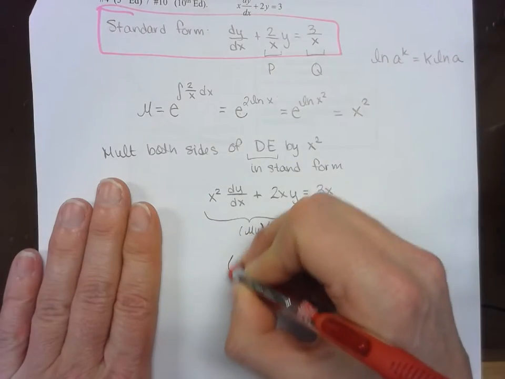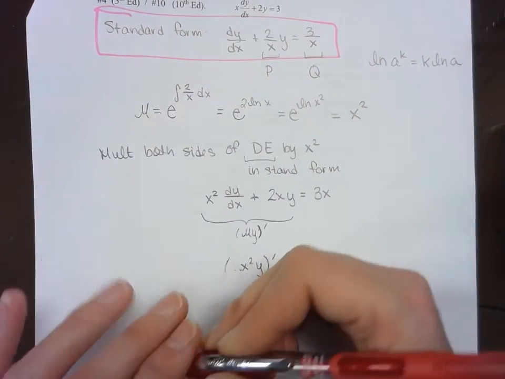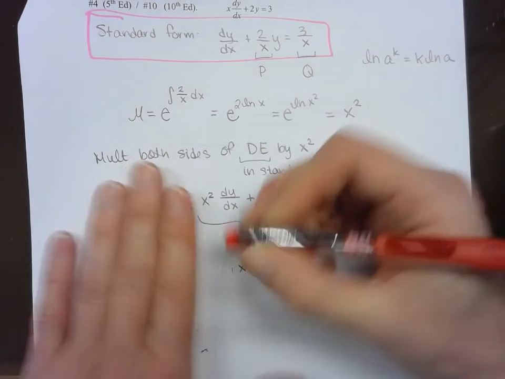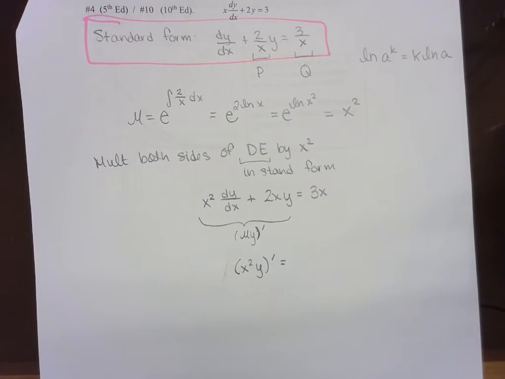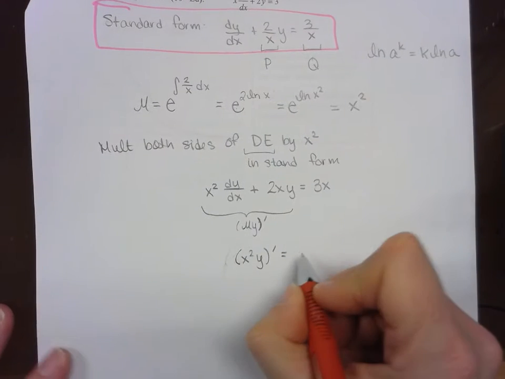Just x squared y. Let's just check and make sure that's right. All we have to do is use the product rule, right? So let's make sure that when we apply the product rule, we get this back. First times derivative of the second, yep, plus the second times the derivative of the first, yep. So the left-hand side is x squared y, whole thing prime. The right-hand side still stays the same.